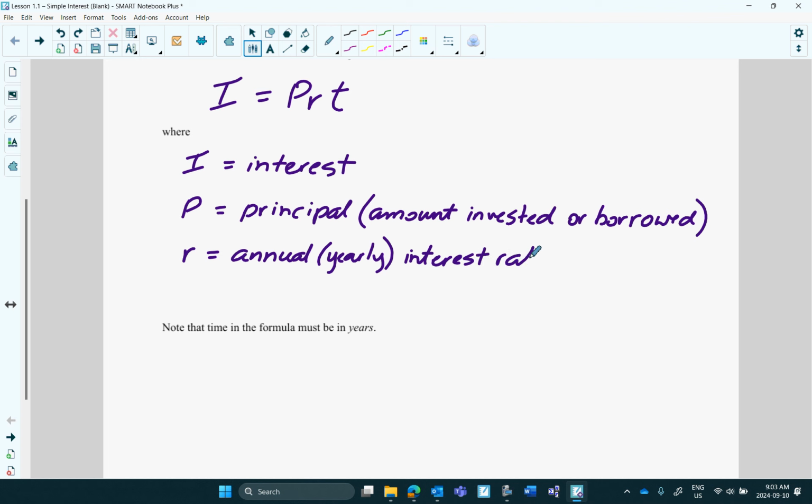Now, we'll be given the rate as a percent, but when we do calculations with it, we have to change it to decimal. It's just like if you use a calculator to find the percent of a number, you never use the percent, you change it to decimal and multiply. And T is the time that you invest or borrow in years.